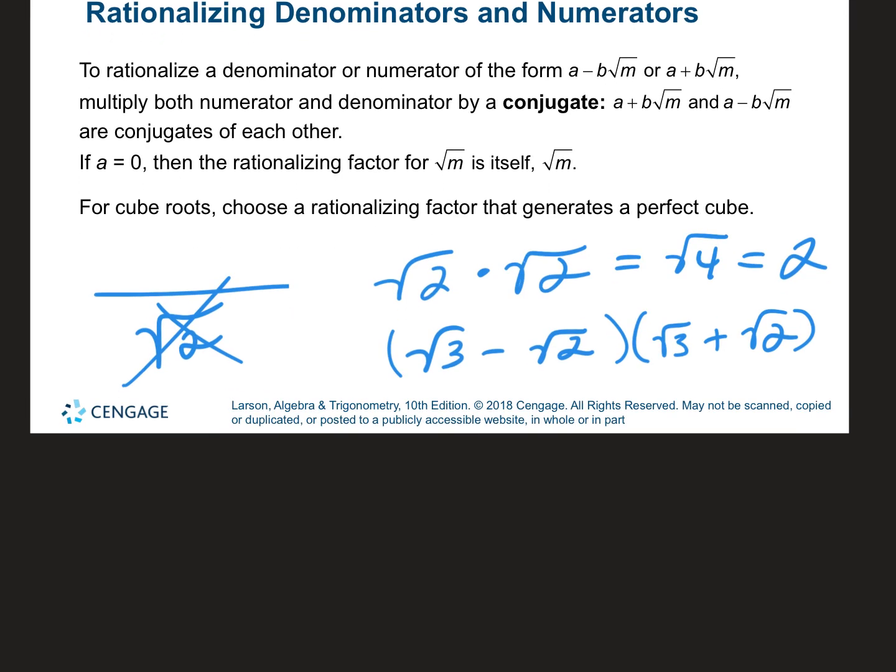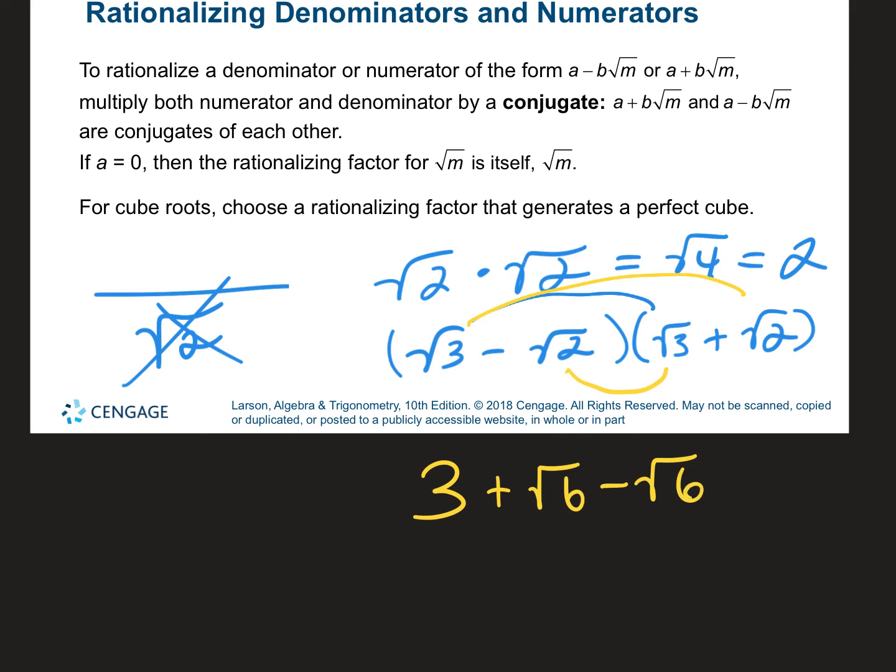Meaning, what is the square root of 3 times the square root of 3? 3. Positive 3. Perfect. What is the square root of 3 times the square root of 2? The square root of 6. Perfect. What's negative square root of 2 times square root of 3? Minus square root of 6, right?